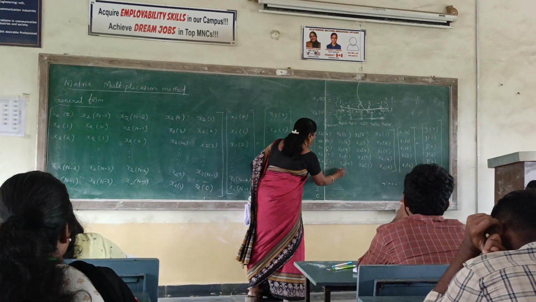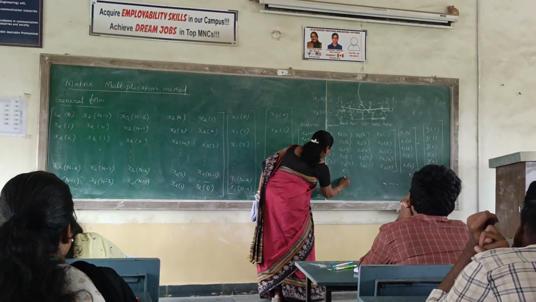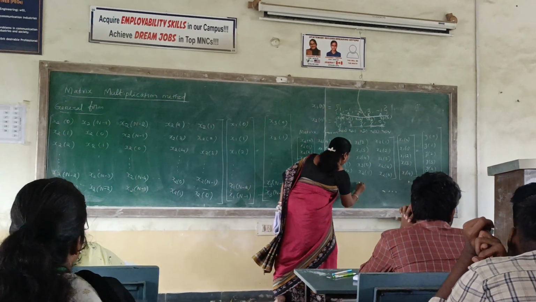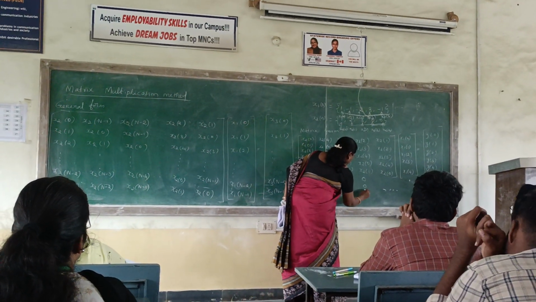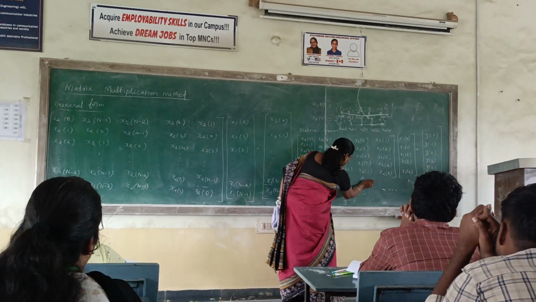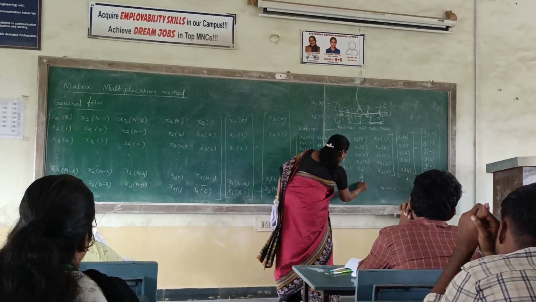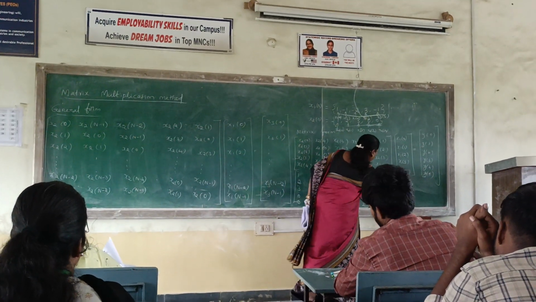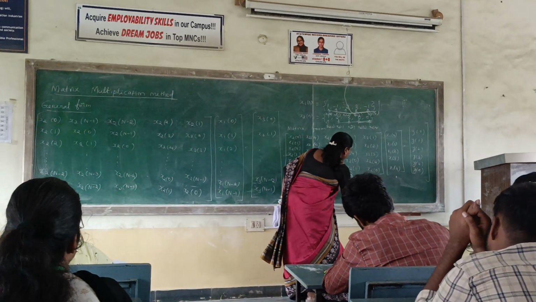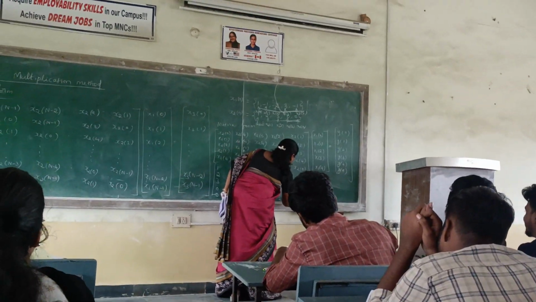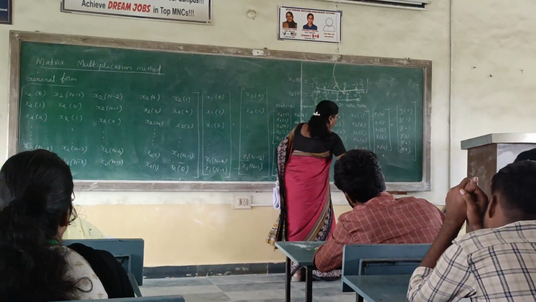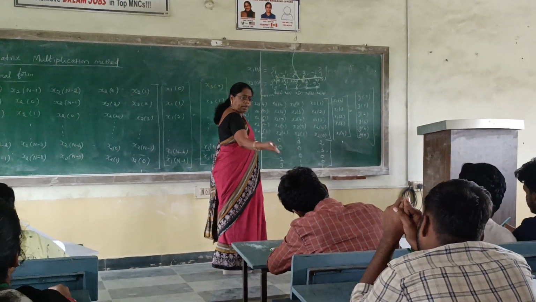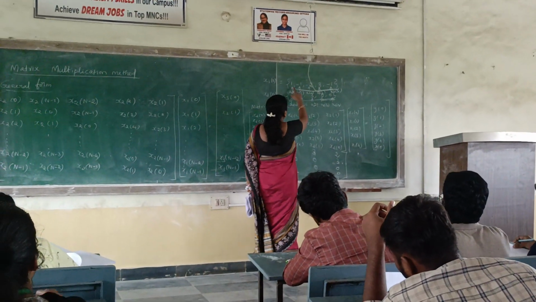This is 0 at the top: 0, 1, 2, 3. This 3 at the top: 0, 0, 1, 2. This 2 at the top: 3, 0, 0, 1. That's all you do. Write it in the notebook. And what about the next one?